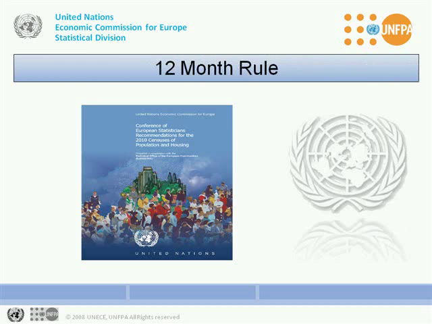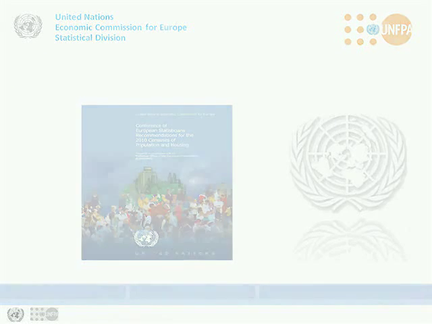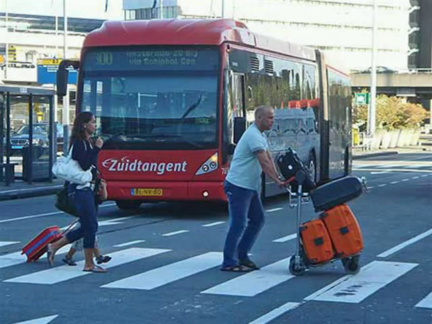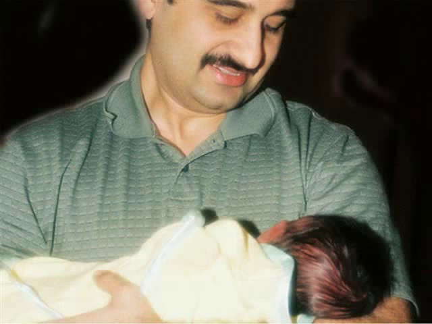More precisely, only those persons who have lived in their place of usual residence for a continuous period of at least 12 months before census day, or who have arrived in their place of usual residence during the 12 months before the census day, with the intention of staying there for at least 1 year, should be considered as usual residents. Children born in the previous 12 months should be included.